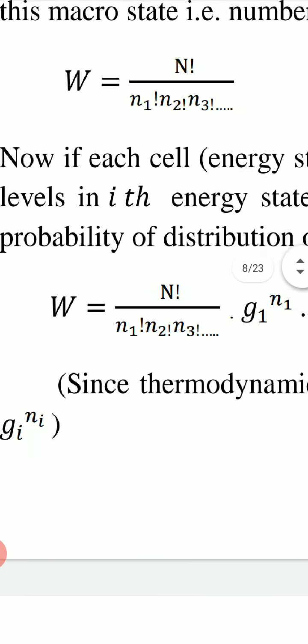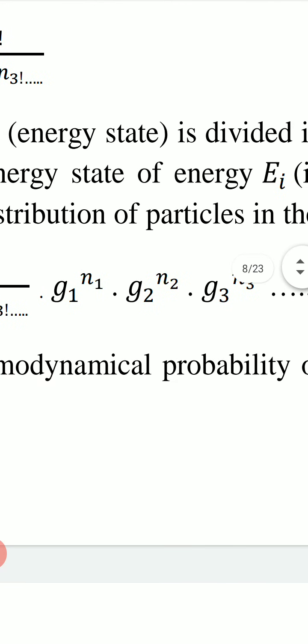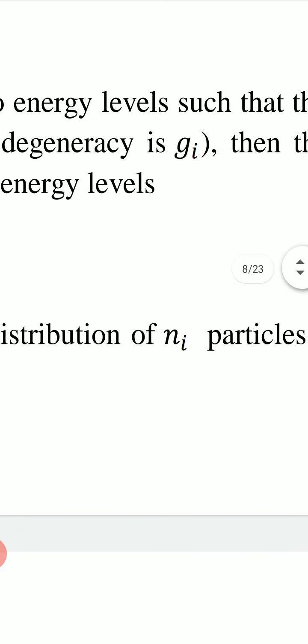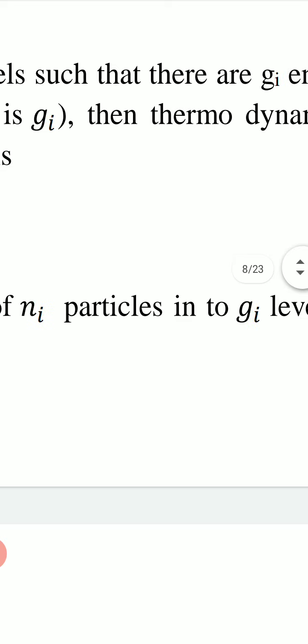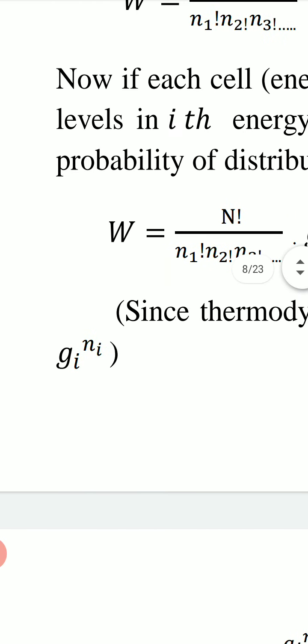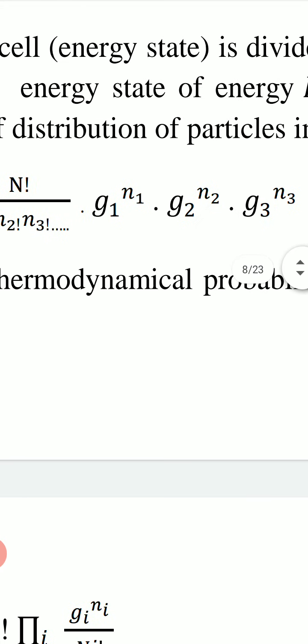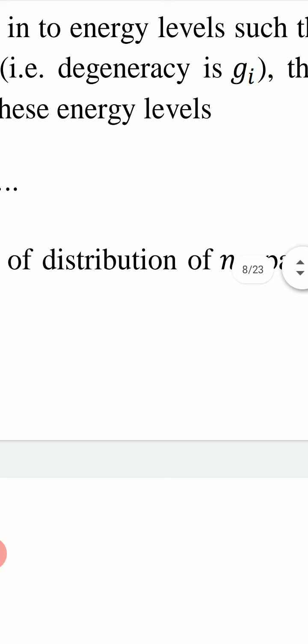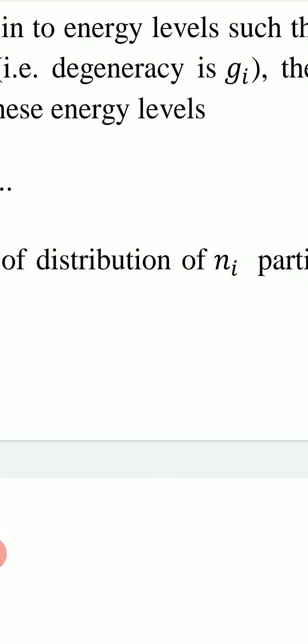Now if each cell or energy state is divided into energy levels such that there are Gi energy levels in ith energy state of energy Ei, that is degeneracy is Gi.